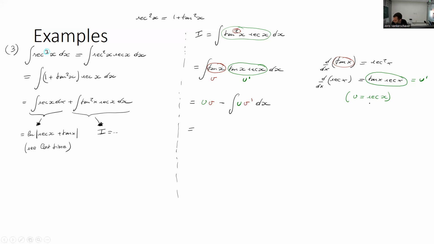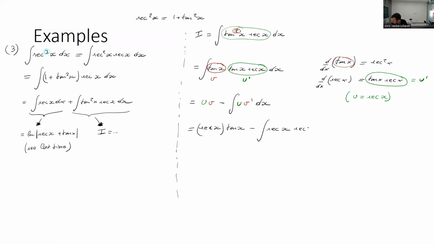And we can substitute. So we said u is secant x. v is tan x. And then minus integral of u, so secant of x, and then v prime, what is v prime? It's the derivative of tan.